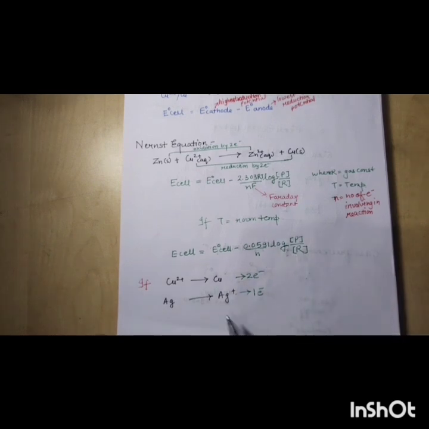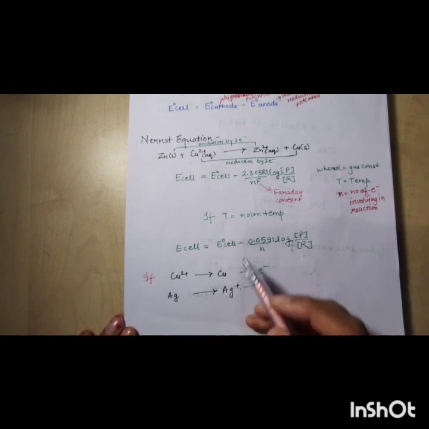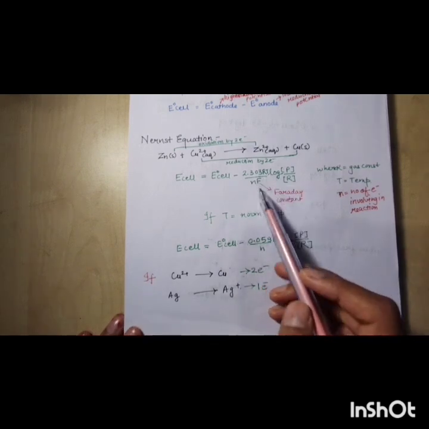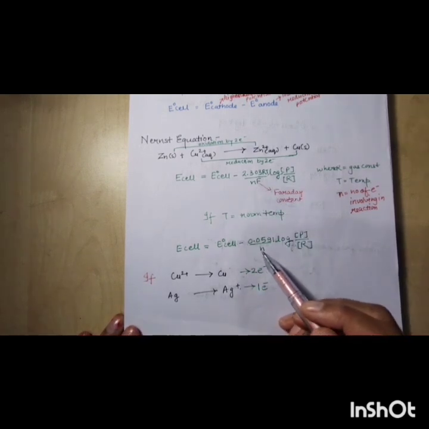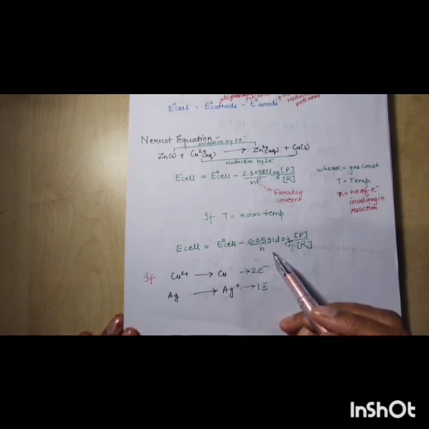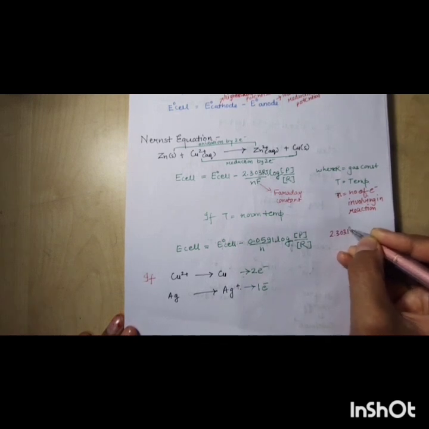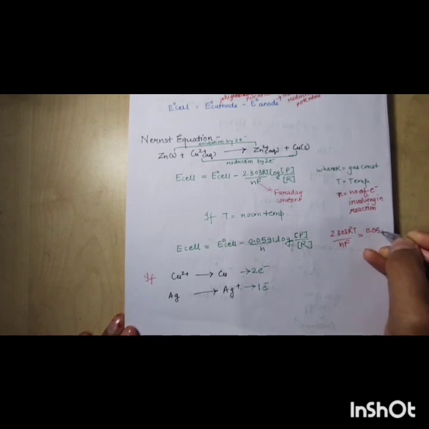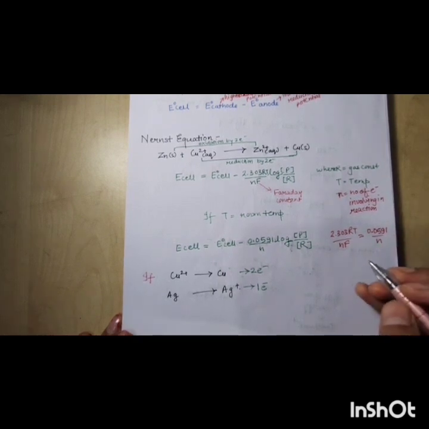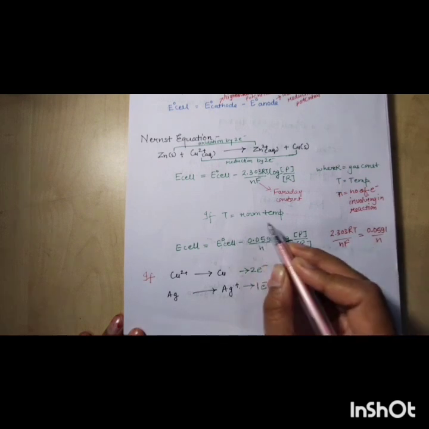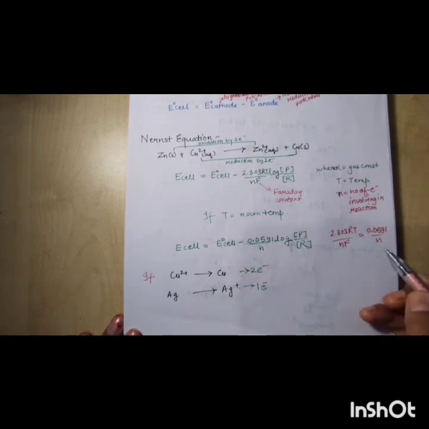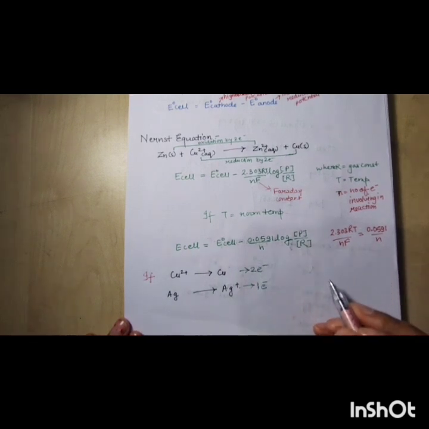Then the formula becomes: here 2.303 RT upon NF is equal to what? 0.0591 upon N. So if temperature is equal to room temperature, then this formula converts to 0.0591 upon N, and this is very important if we calculate at room temperature.